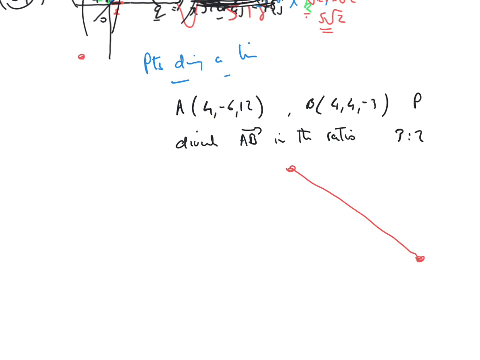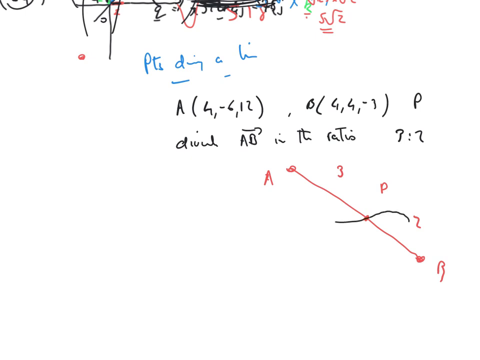Okay, the first thing that I would like to do then is just try and support my thinking with a diagram. There's the point A, there's the point B, and P divides in the ratio 3 to 2. Okay, so I want to find the coordinates of P, and that's the name of the game with this one. So what did we do last time in 2 dimensions, and we're going to repeat it in 3 dimensions.